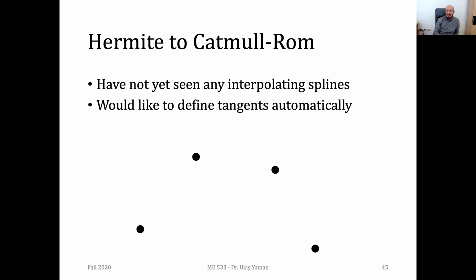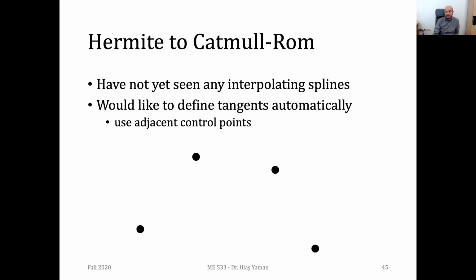We don't have any interpolating splines right now. If you have tangents which are valid for all control points, then things will be quite easy. So in summary, if you have tangent vectors for all control points, then you can easily define an interpolating curve segment.